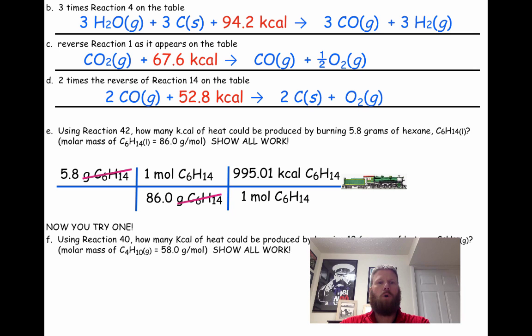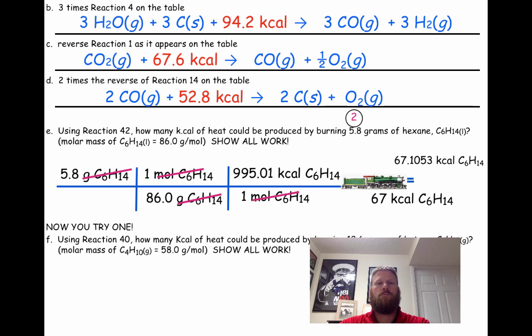We know for every mole of hexane, 995.01 kcals of energy is released. Solving the problem gives 67.1053 kcals, but we can only have 2 sig figs. Therefore, the answer is 67 kcals of heat.